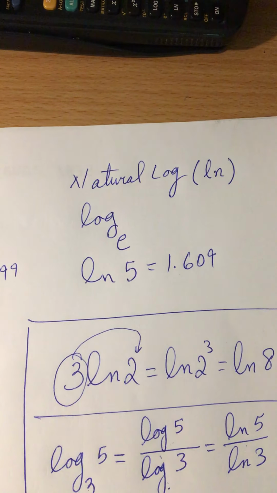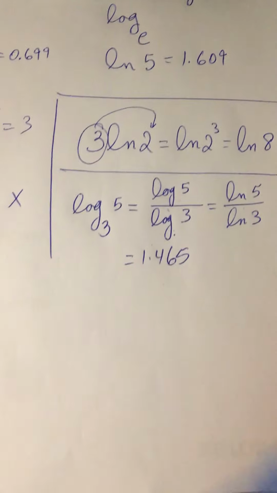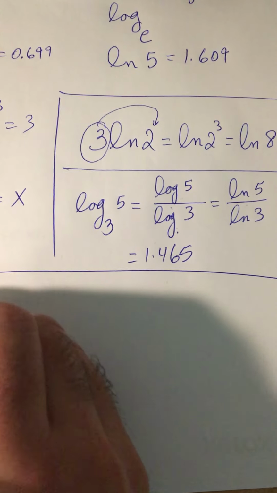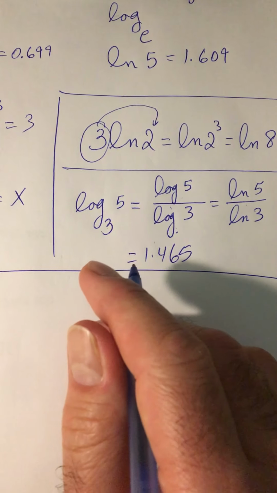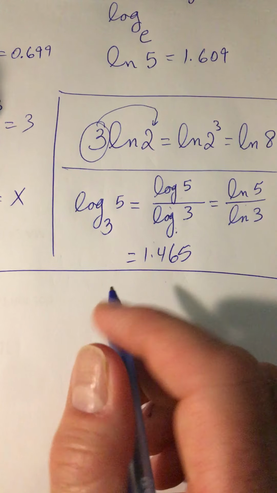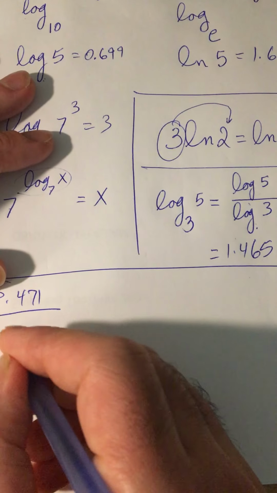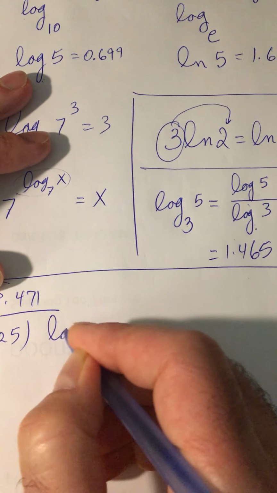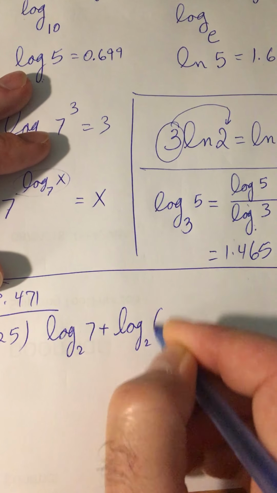All right, so let's go to page 471 and try a couple of problems here. Let's try number 25. You have log base 2 of 7 plus log base 2 of 6.